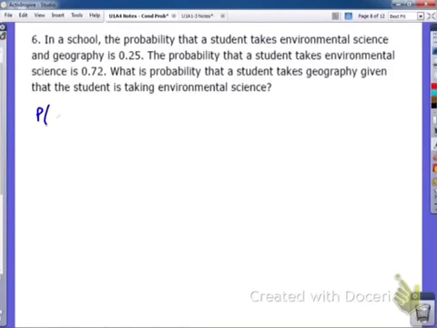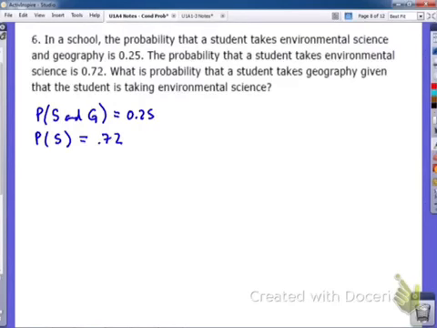Probability of taking environmental science, I'm just going to use an S to mean science, and geography, G. So S and G is equal to 0.25. That's given. We should write it down. The probability that a student takes environmental science is 72%. So the probability that someone takes science is 0.72.